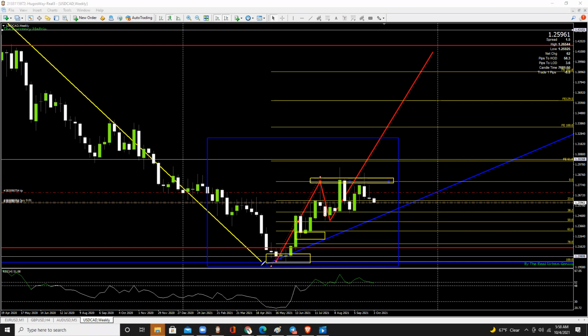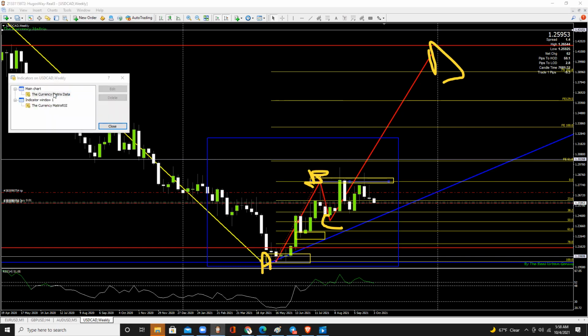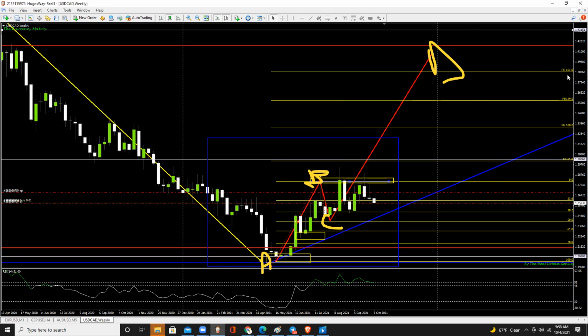Now, the ABCD pattern is the beginning of a harmonic. ABC, how do I know D? Because I use my extension, A to B to C. D is the extension of those 3 points, which brings us up into the Fibonacci expansion of 161 here.